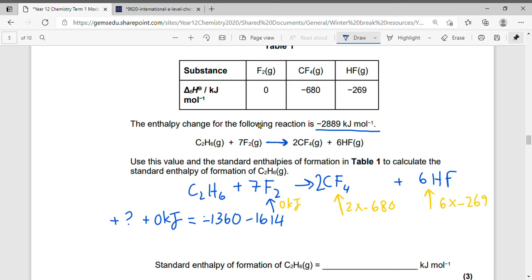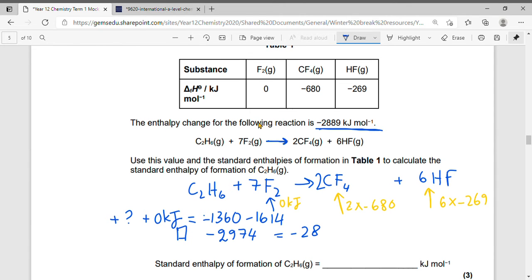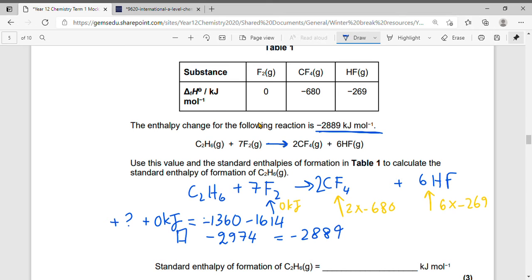So is negative 2974, and we know that something minus this is negative 2889. So 74 plus 2889. Hold on.